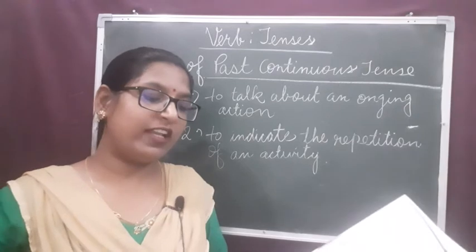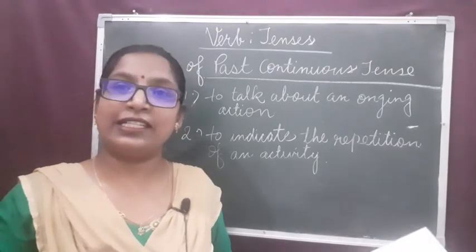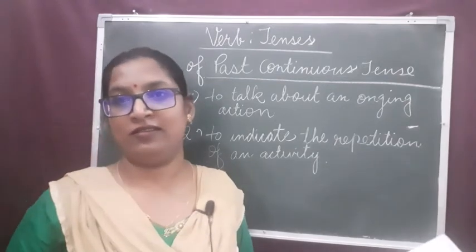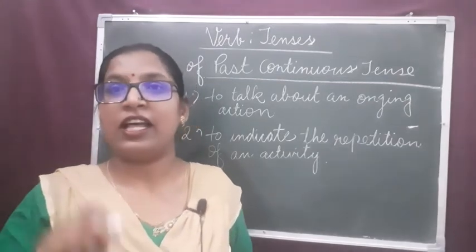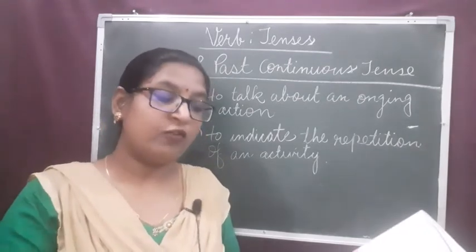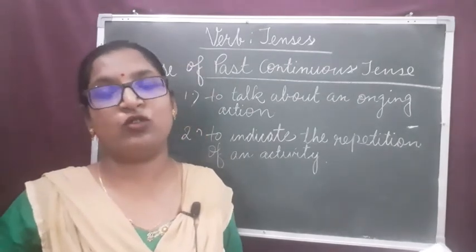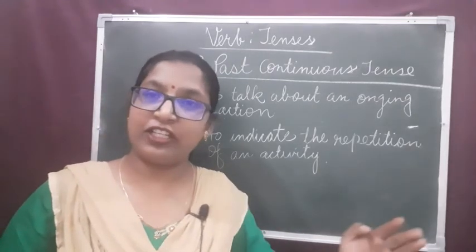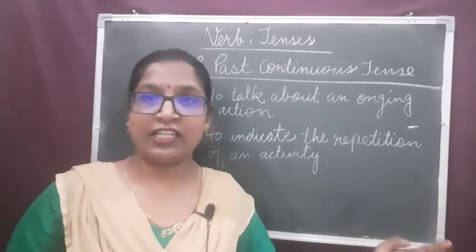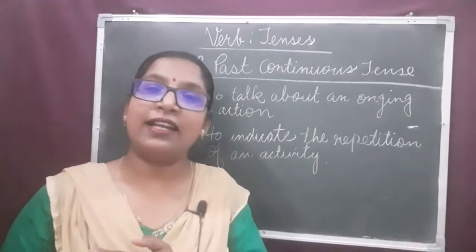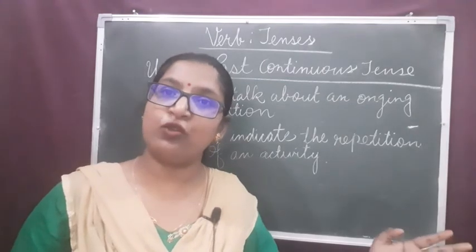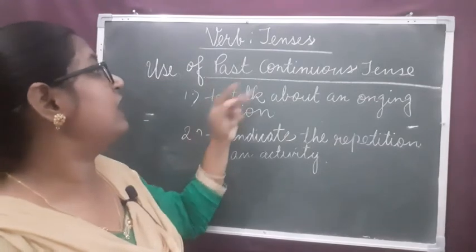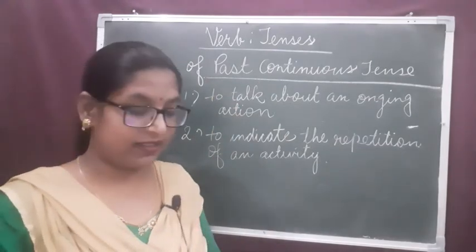I was living in Hyderabad from 1994 to 1997. There we can see a particular period of time in the past, 1994 to 1997, and the action of living there continued for some time. That is why we have used past continuous tense.